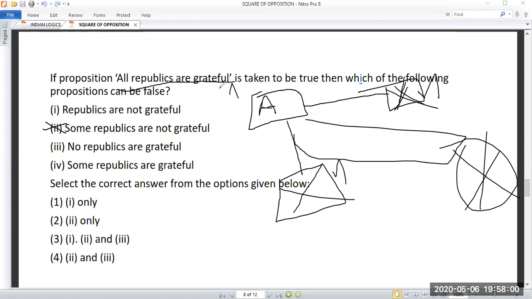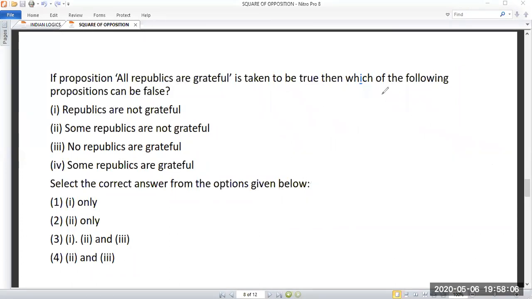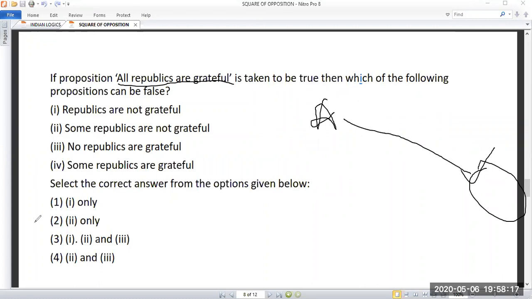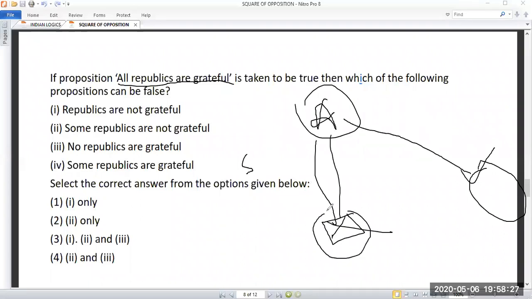Sorry, the question is misinterpreted. Which of the following can be taken to be false? So "all republics are grateful" is taken to be true. So A is true means which of the following can be taken to be false? Here, the some-not case can be taken to be false. What we have seen in subalternation is that if universal is true, then particular is definitely true.